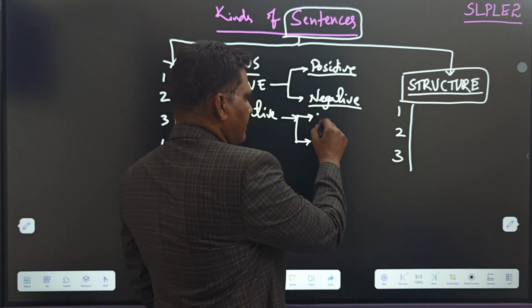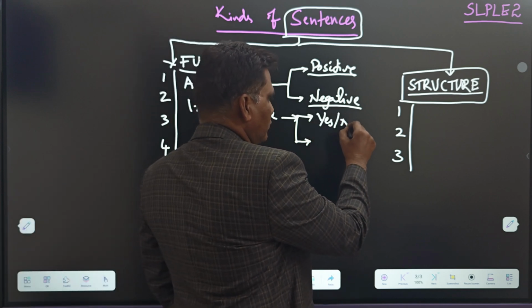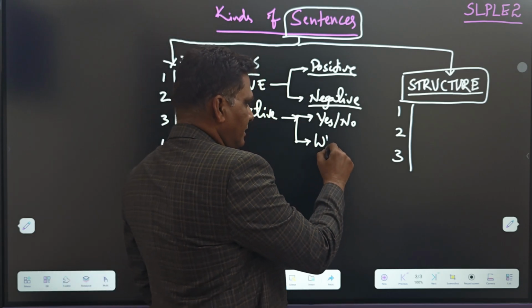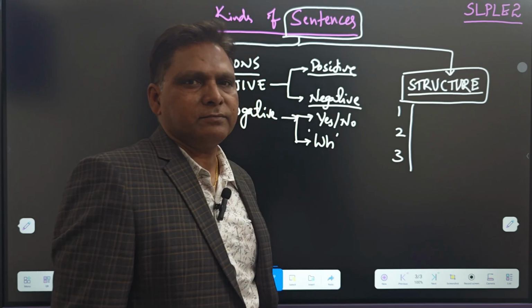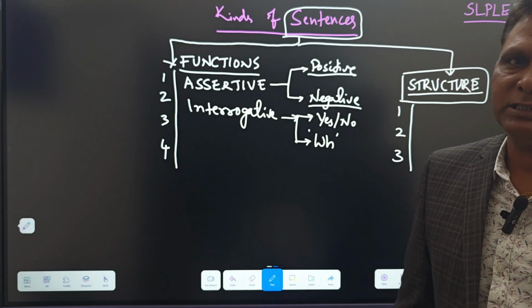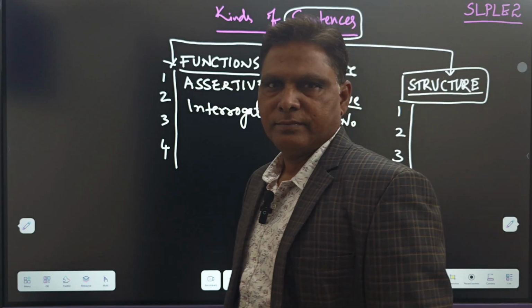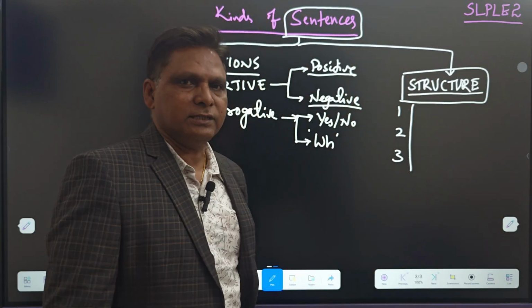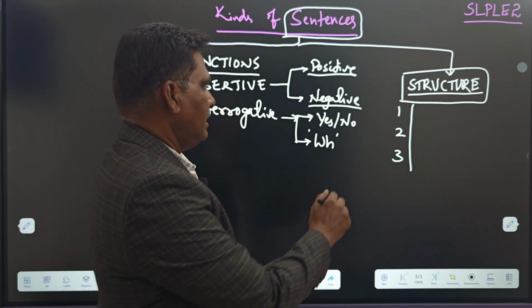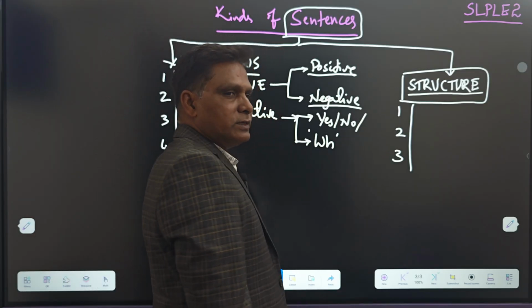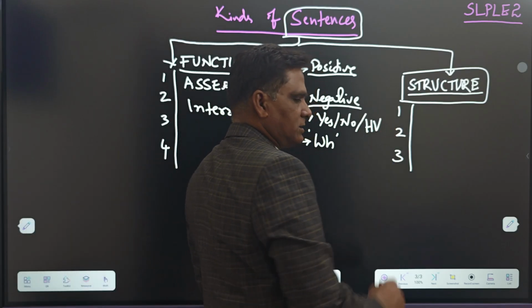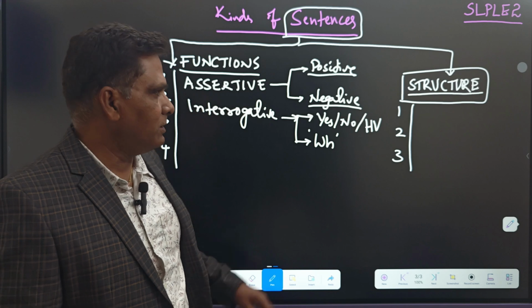One is yes/no questions, and the other is WH questions. In the case of yes/no questions, the answer must be yes or no. In the case of WH questions, they start with WH. And these yes/no questions are also called helping verb questions.